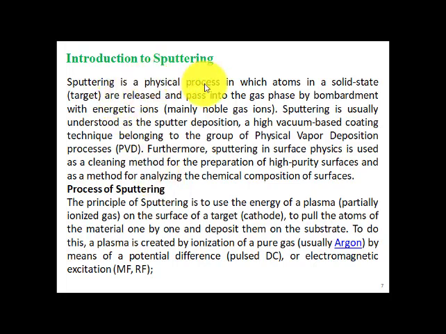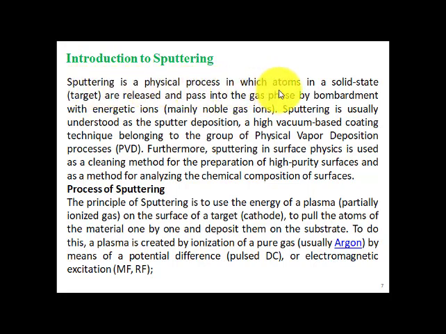Sputtering is a physical process in which atoms in a solid state, which is a target material or source material, are released and pass into the gas phase by bombardment with energetic ions. These energetic ions mainly come from noble gas. So these are mainly noble gas ions.